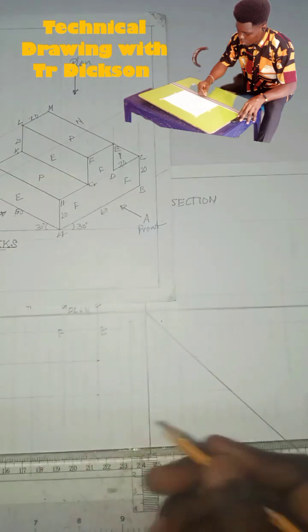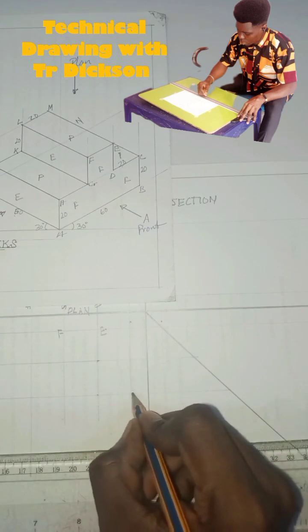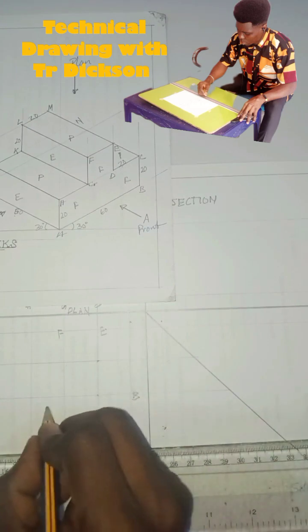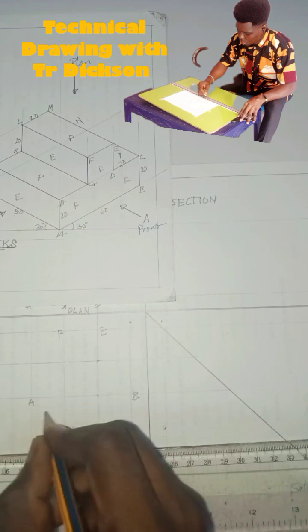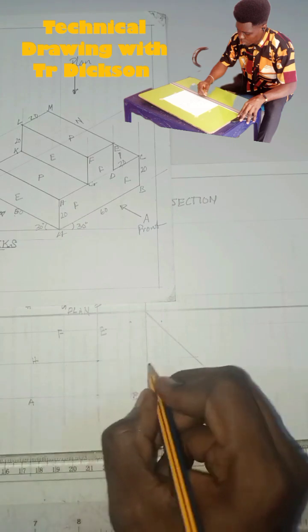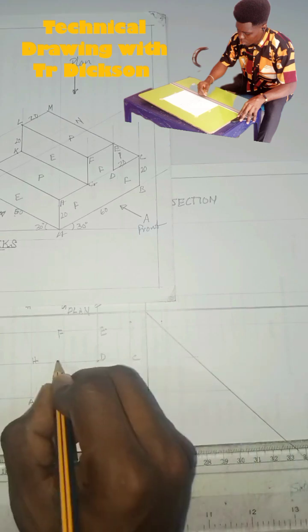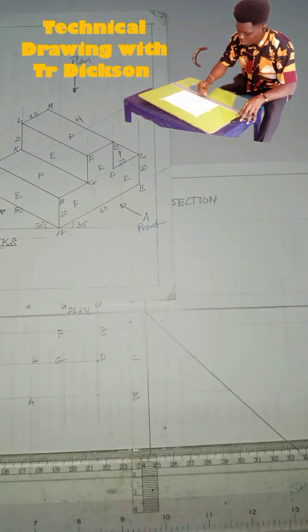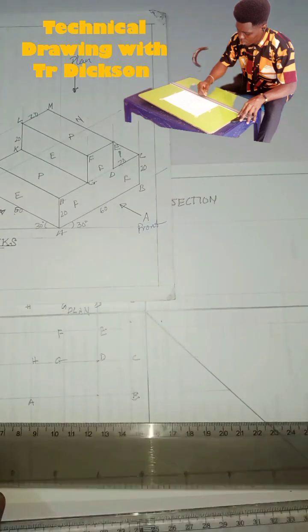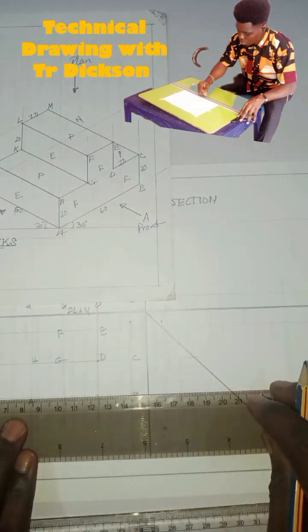So just what I've said now, AH is here. I'll just write here B, right here A, here H, here C, then here D and G. We've got the diagram already. It's just to retrace and thicken the position so that it will be obvious to the eyes.